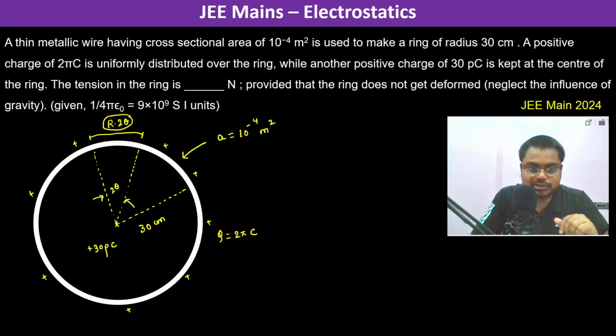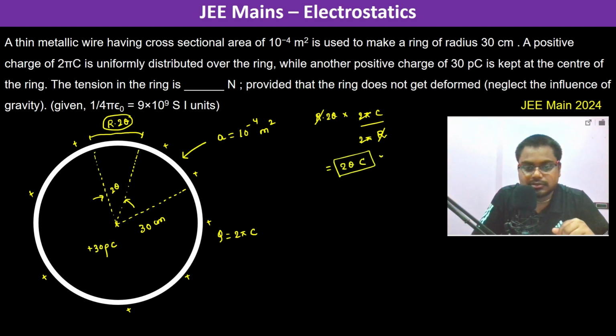The charge in r 2 theta is r 2 theta into charge per unit length, which is 2 pi coulomb divided by 2 pi r. So the charge here is 2 theta coulomb.